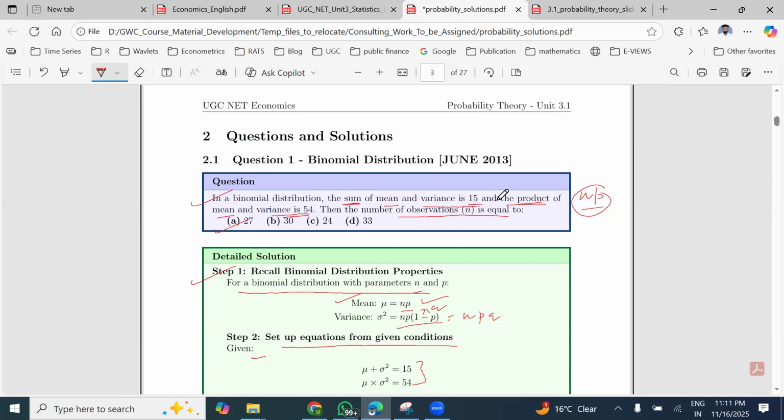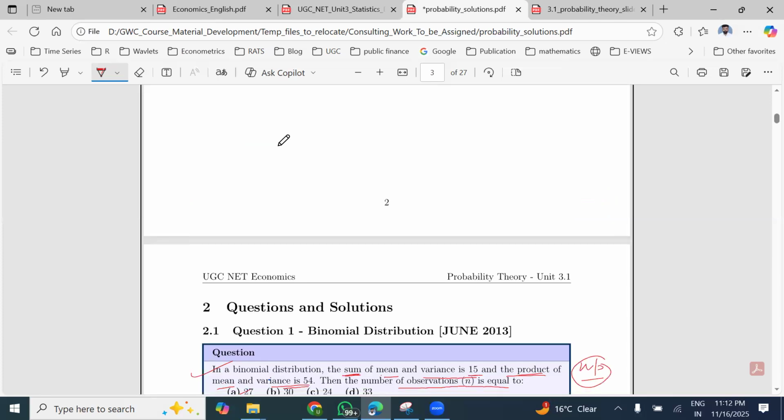Yes or no, Sangeeta? Yes, sir. Okay, not a problem. But this is very interesting, why I am telling you, because quadratic equation is basically what was written over here.